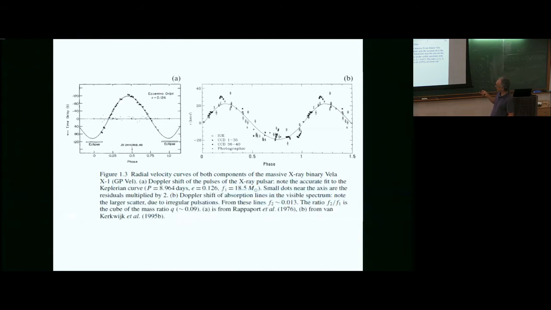This is the time delay, and this is the velocity of the companion star, which corresponds to a small ellipticity of 0.12.